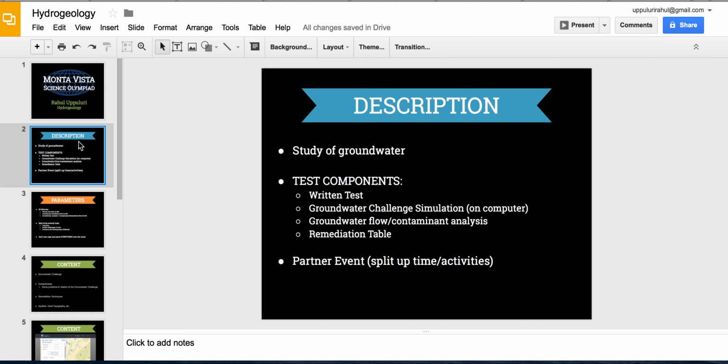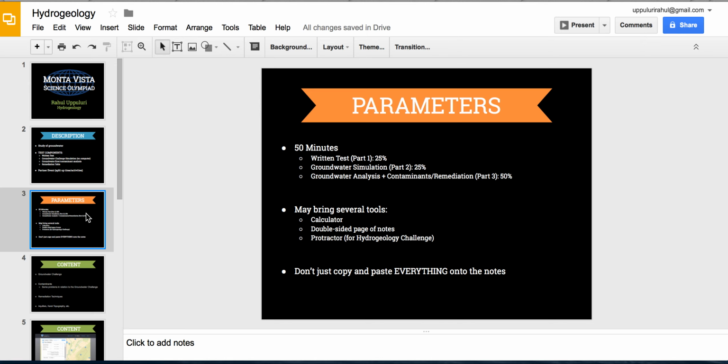There are a couple of test components. One part of the test is written, and the other part is a computer simulation. I'm going to go over that on the next slide, discussing the parameters. The test as a whole is 50 minutes, and the written part, part one, is approximately 25%.